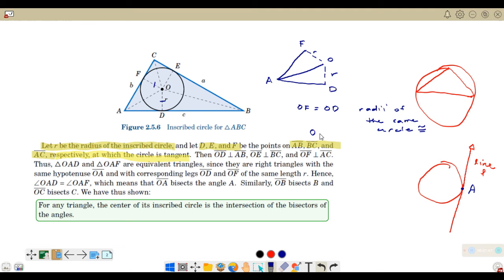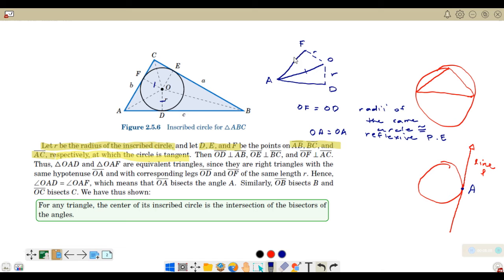Now, we have OA equal to OA. They share the same side. What property is this? The reflexive property of equality. Right?